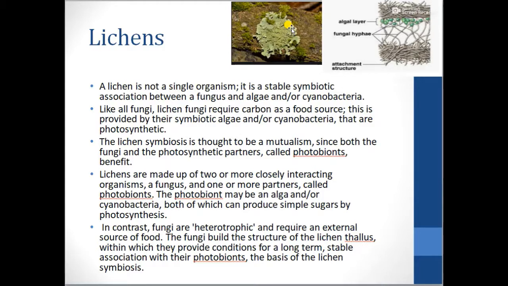This cyanobacterium or alga will photosynthesize, and it will provide what? Food to the fungus. The fungus is heterotrophic, and it requires an external source of food. And the fungus will build the structure of the lichen thallus, within which it provides conditions for a long-term stable association with either the alga or the cyanobacterium.